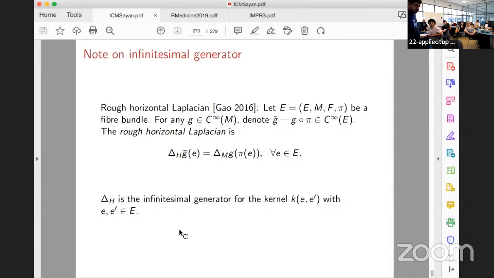If I ask you to tell me in 1 minute why it pays off to move from whatever data you have into topology and do your statistical stuff on that side, what would be the answer? So the idea is, yeah.